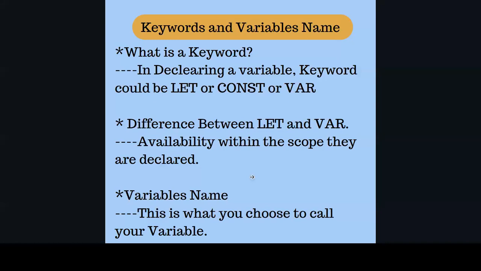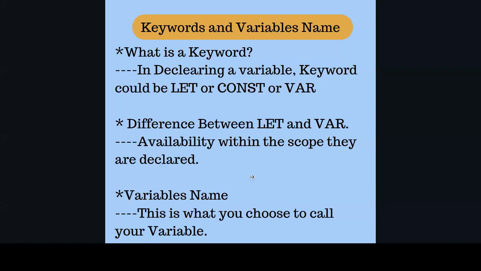In ES6, that's when they added this let keyword. When you define a variable with let, it is only available inside the block where it is defined. But if you define a variable with var, it is available throughout the function where it is declared.